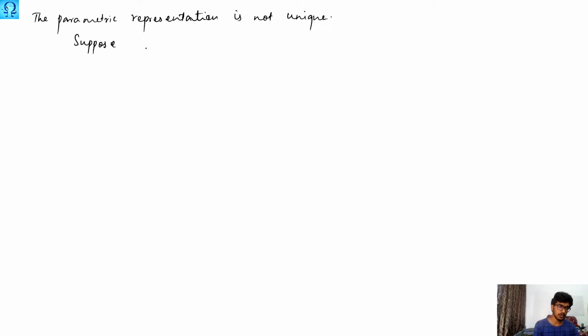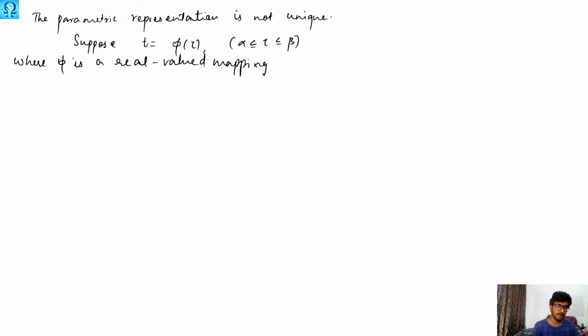suppose you take t to be some function phi of tau, where this tau lies between alpha and beta, where this function phi is a real valued mapping which maps this interval alpha beta onto the interval a comma b.